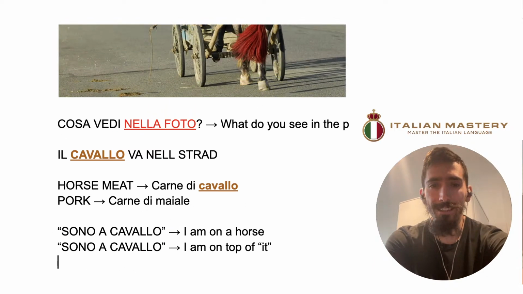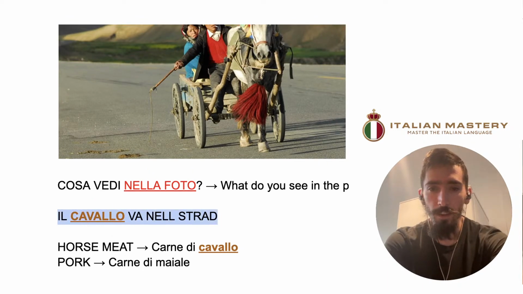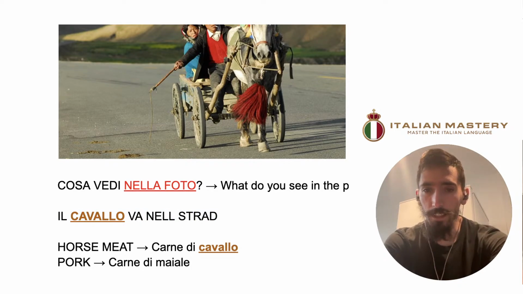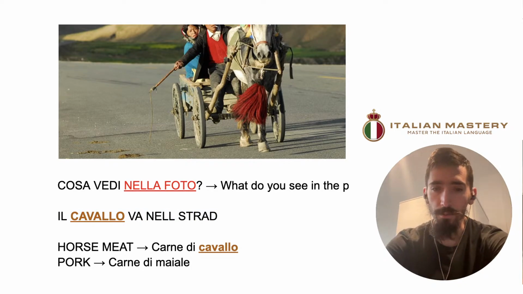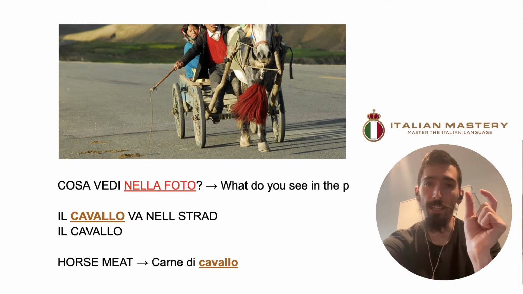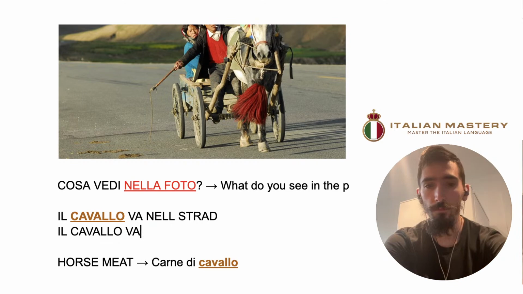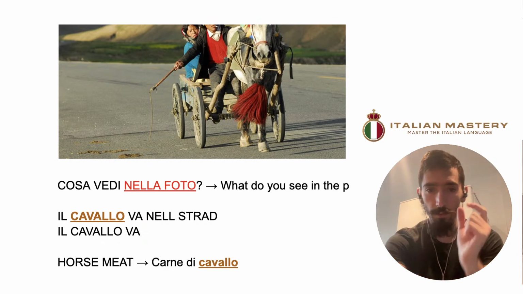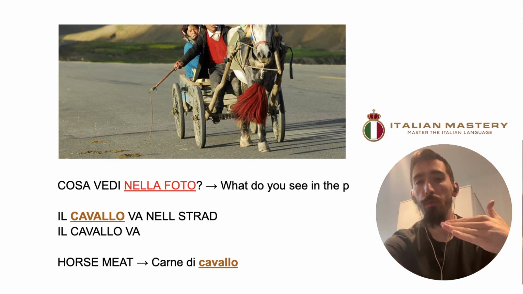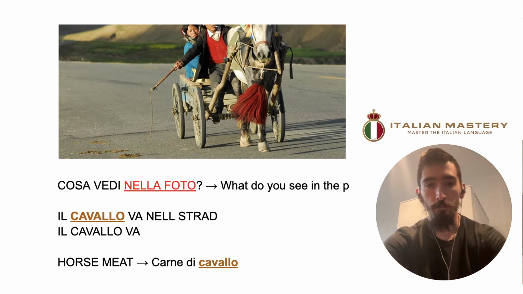Let's go back to the example. Il cavallo va nella strada. As I think the same author of this example suggests, il cavallo, il maschile, il cavallo, va, so goes, va is third person singular, to go. Andare.